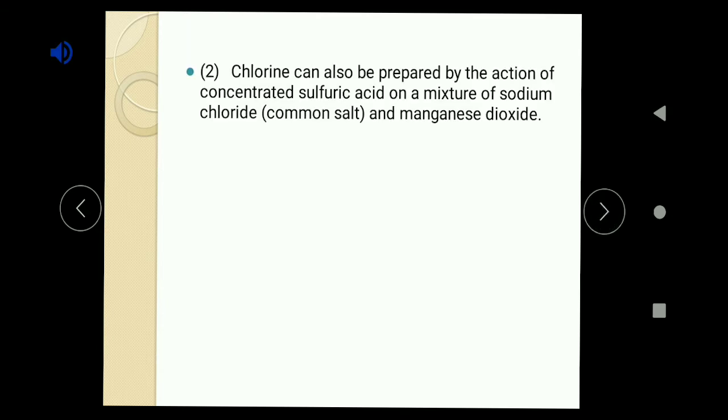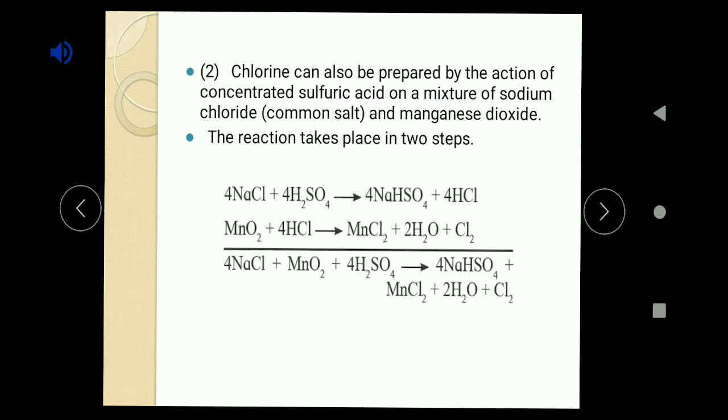The second method of preparation of chlorine is by the action of concentrated sulfuric acid on a mixture of sodium chloride and manganese dioxide. This reaction takes place in two steps. In the first step, sulfuric acid on treatment with common salt, that is NaCl, gives you HCl along with sodium hydrogen sulfate.